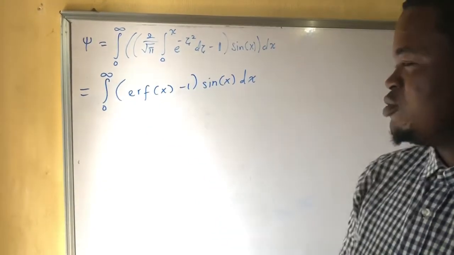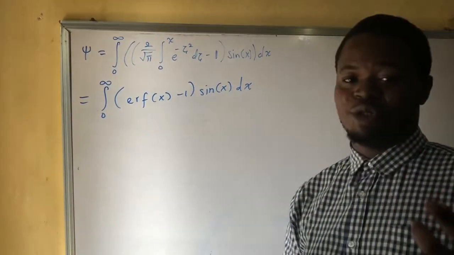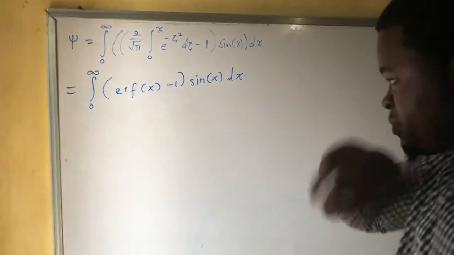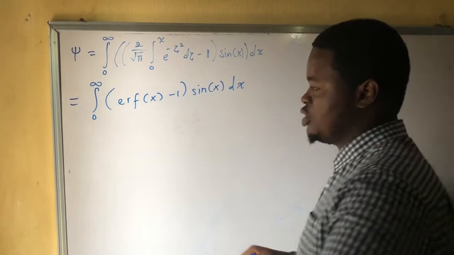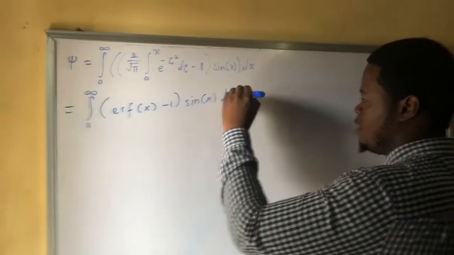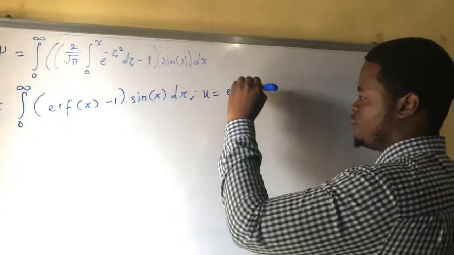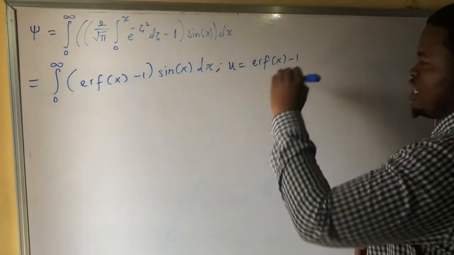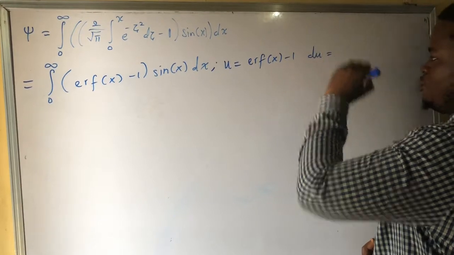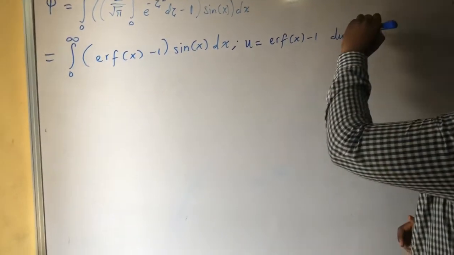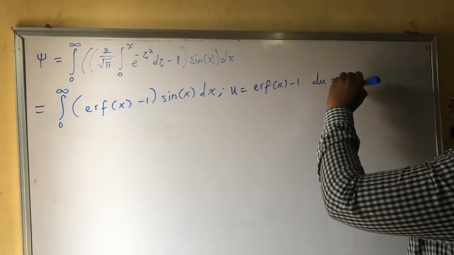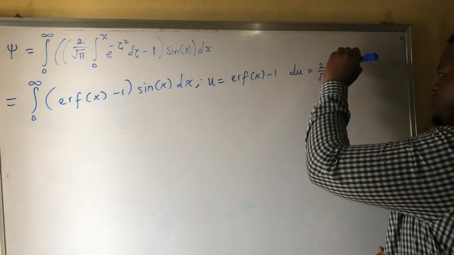So the next thing we are going to do is simply use integration by parts. Now, we'll let u be equal to the error function minus 1. That implies du will be what? 2 over square root of pi, e to the negative x squared.